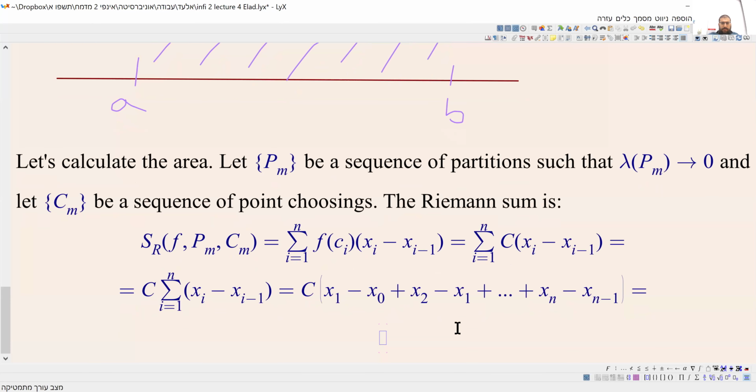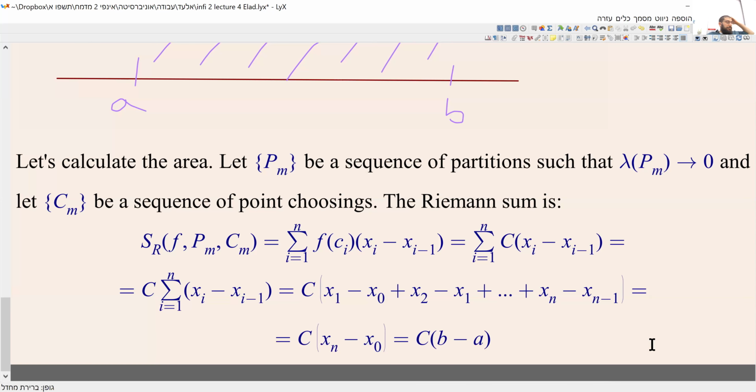Most of the elements cancel each other, and we are left with xn minus x0, which, as we mentioned before, in our notation are just b and a. Using our definition with this very simple example, a constant function, probably the most simple example ever, we do get what we expected, C times (B minus A).